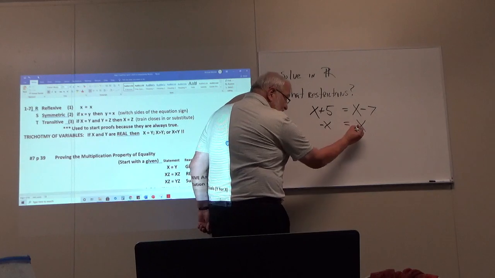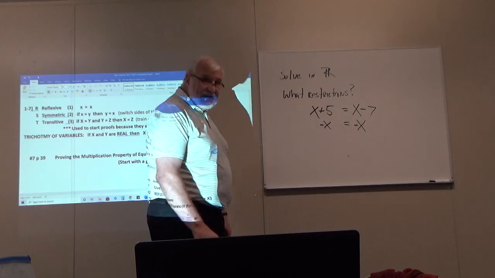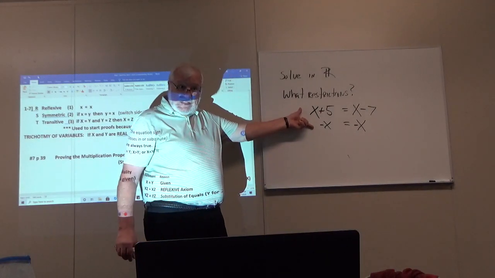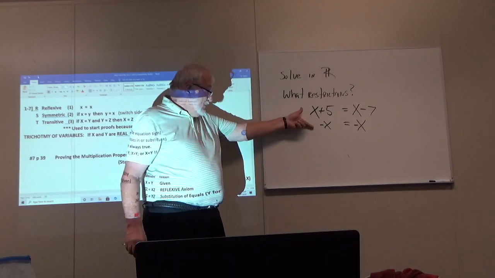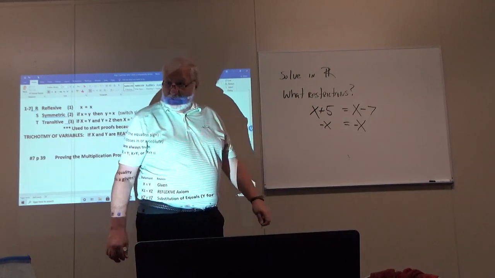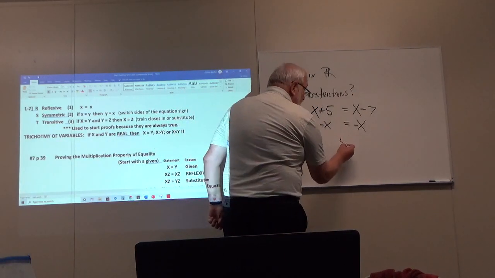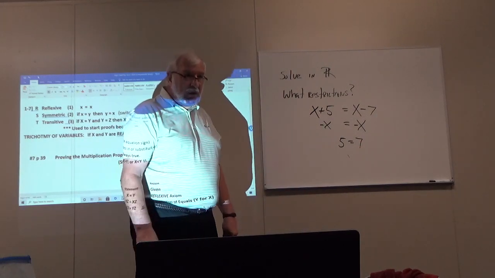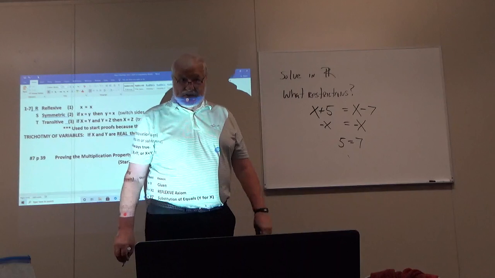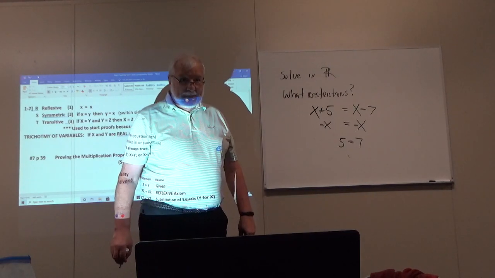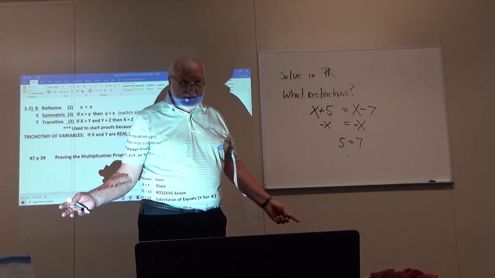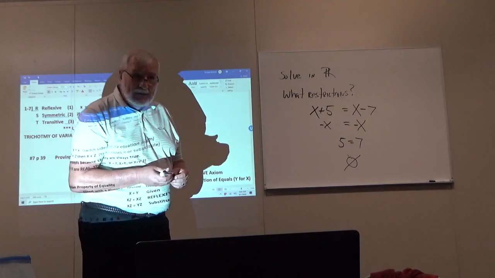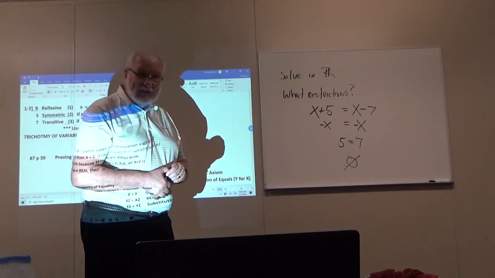Or I could say negative x equals negative x, and add these two equations together. When I simplify, I end up with 5 equals 7. All right, what do I know about that particular relationship? What's the solution set? We learned it this morning. It's the null set. There's no solution to that because 5 doesn't equal 7.